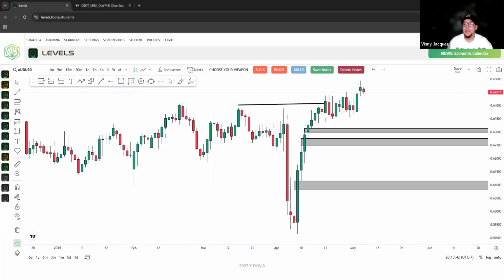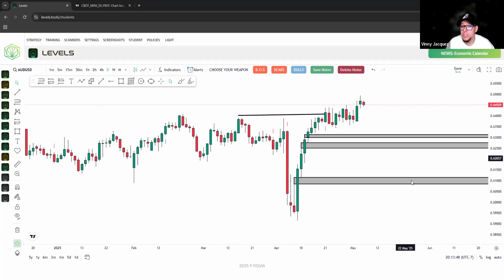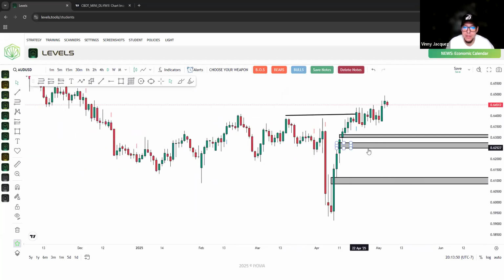So which one do I take? That's why I was always confused when it came to finding entries off of imbalances. I don't want to confuse you, but that's why I never use imbalances, because sometimes 3 candles or 4 candles will give you 3 to 4 imbalances in a row. So in my head I'm like, well, which one do I take, right?